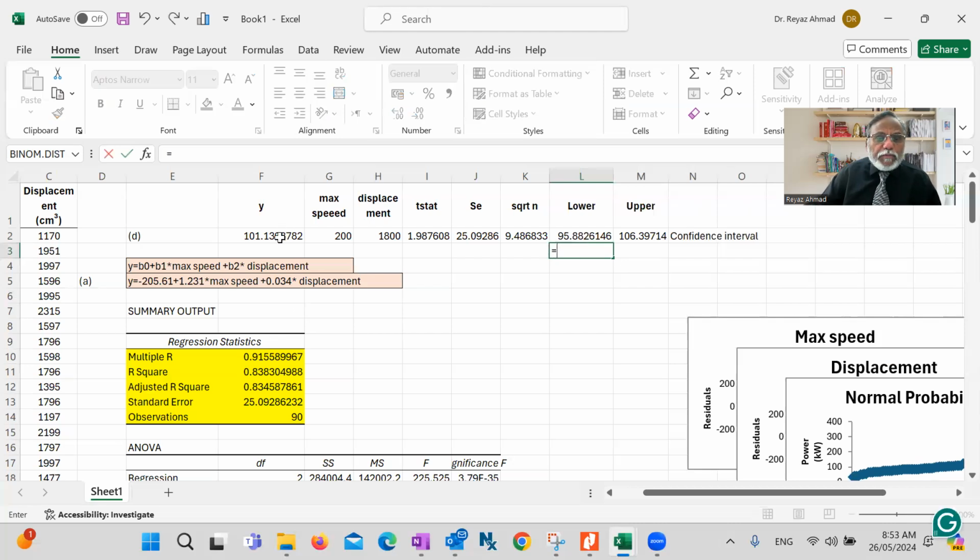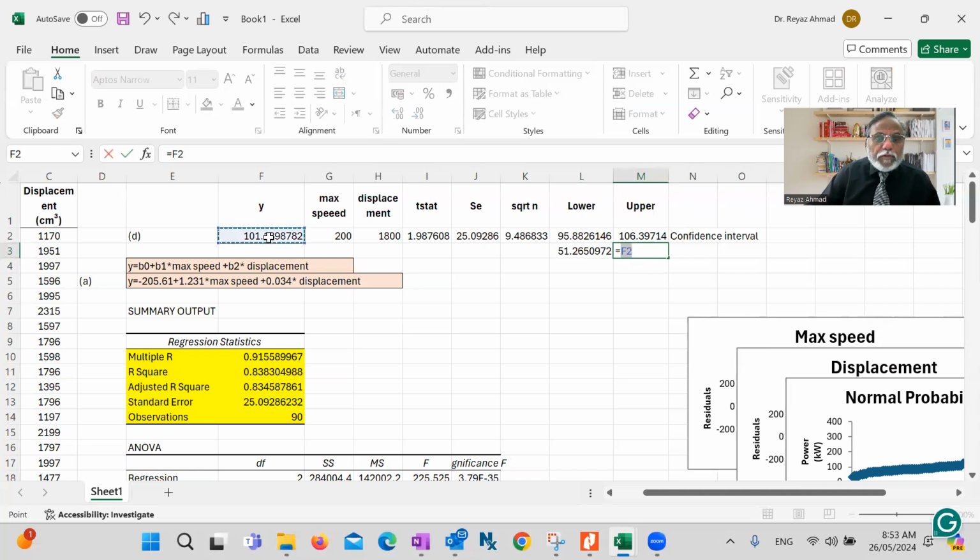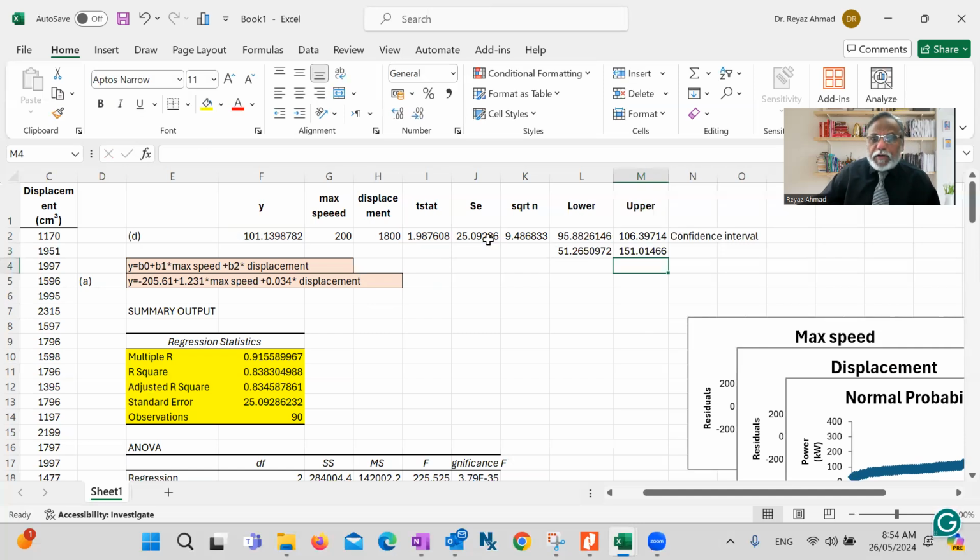So it will go like this. The y value minus the t stat multiplied by the standard error, and this is my value. Then for the upper bound, equal to the y value and the plus, I will choose the t stat multiplied by the standard error, and I got this answer.